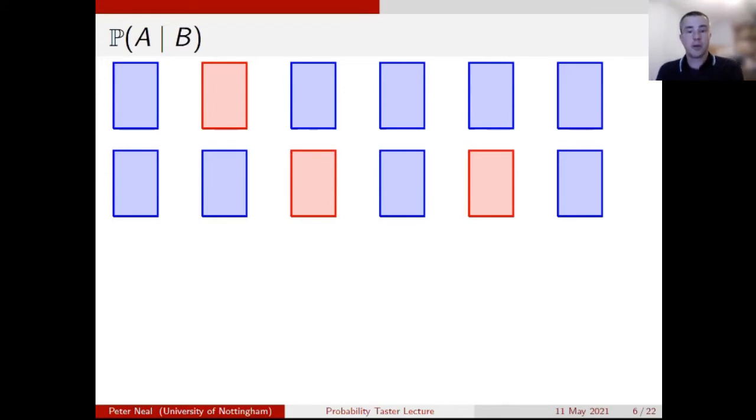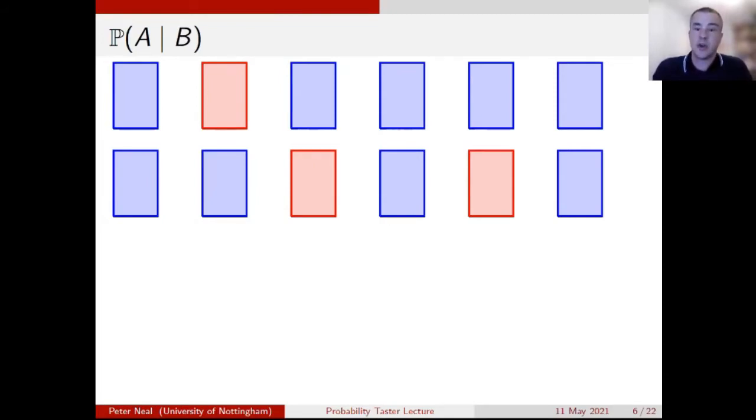So when we think about collecting the 4th card, if we want that one to be different to any we've got so far, then we can pick any of the 9 blue ones and we'll get a sticker, a coupon, which we haven't already got. Whereas if we are unlucky, a 1 in 4 chance or a 3 in 12 chance, we pick a red one, we've got one that we've already got.